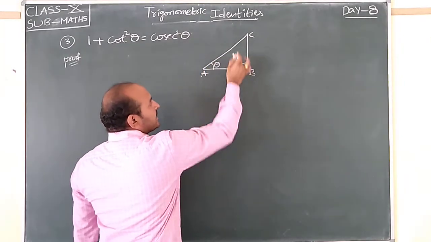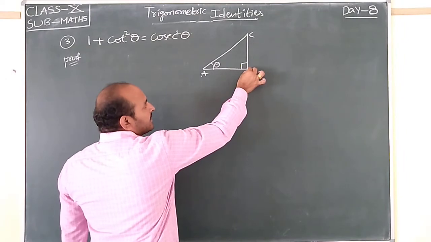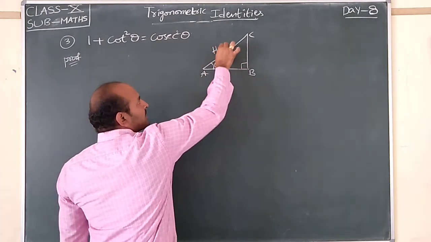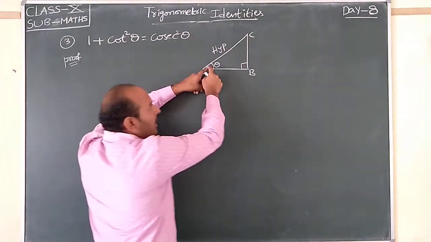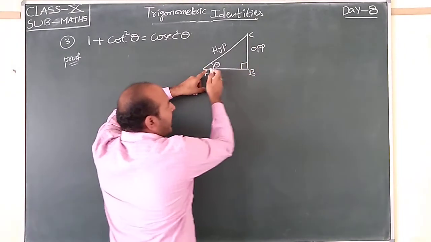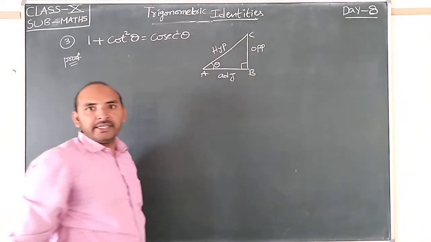In this right angle triangle ABC, with exactly 90 degrees at B, the side AC opposite to it is the hypotenuse, and this angle A is opposite to side BC, which is the opposite side, and AB is the adjacent side.